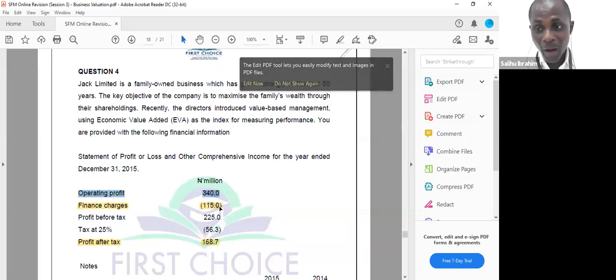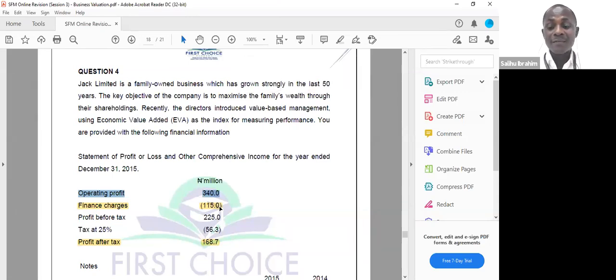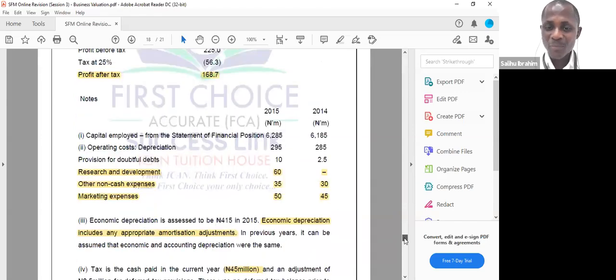So the tax on it will be 0.25 times 115, that is 28.75. So you can see that I'm going to have 45 plus 2.5 plus 28.75 as my tax. That is the tax we deduct from the profit of 2015, and when you make this adjustment, you get your net operating profit after tax. You can see that all the adjustments we made there are not more than 6.